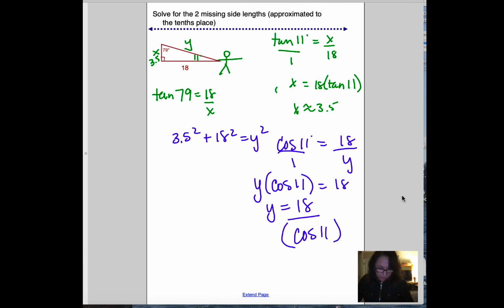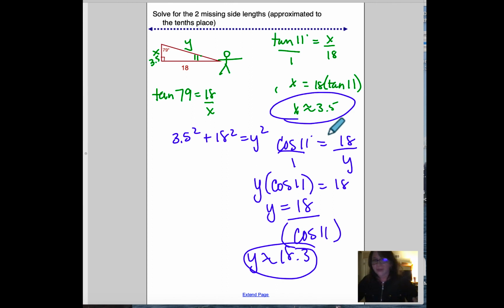I'm not really sure that that's going to be any quicker than using the Pythagorean theorem, but what you do need to remember is that when you divide 18 by the cosine of 11, you have to use parentheses, and I get about 18.33, so y is about 18.3. And that's your x, that's your y.